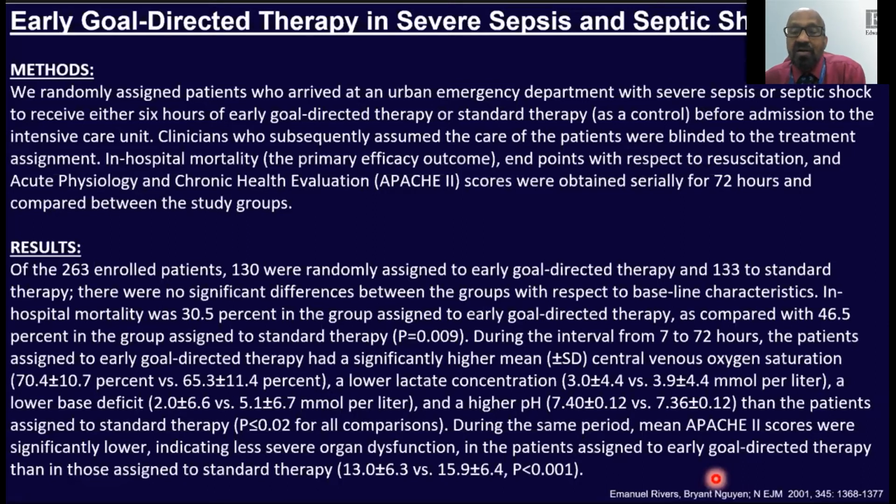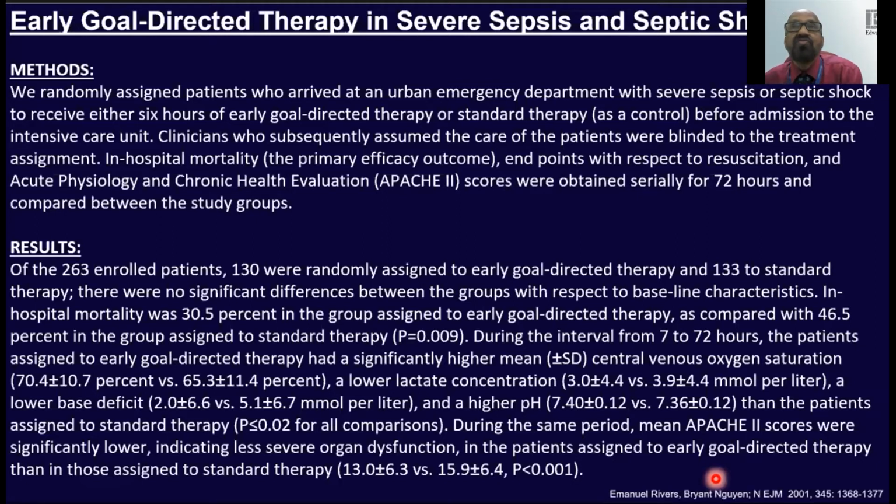Then came a reverse publication. The patients were randomly assigned to two groups. The first group received early goal-directed therapy, and the second group did not receive early goal-directed therapy. They received the standard therapy.